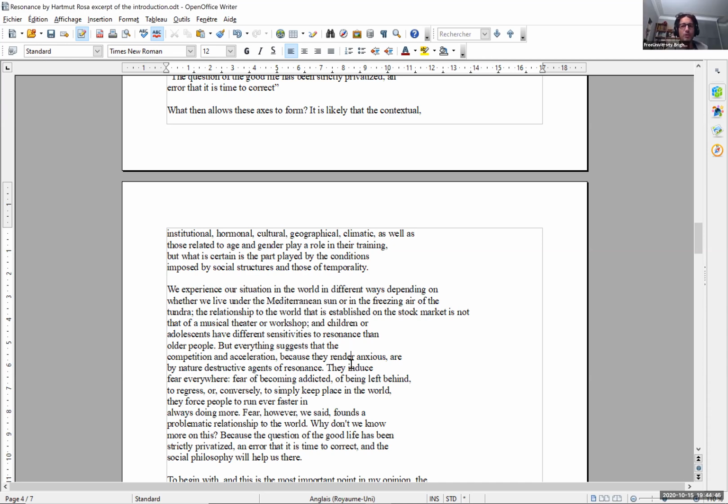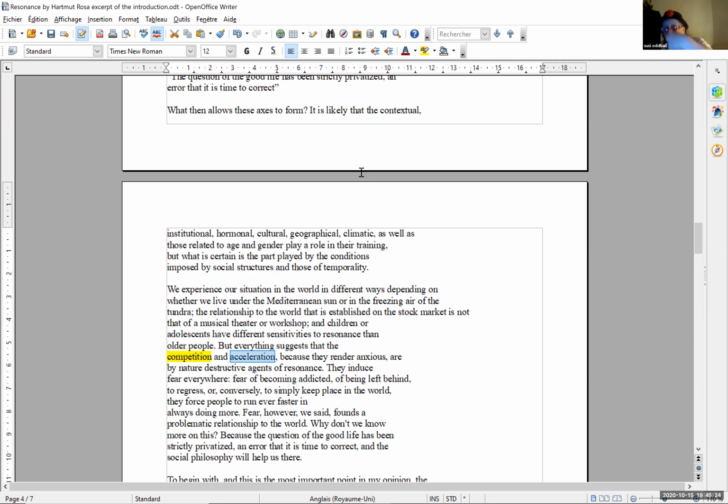Should we pause here? Because first, as we are working on the components of resonance, we might as well work on the components of what can be seen as the enemy of resonance, which is modernity, or a part of modernity, which is composed of at least two pieces here, according to Rosa: competition and acceleration.